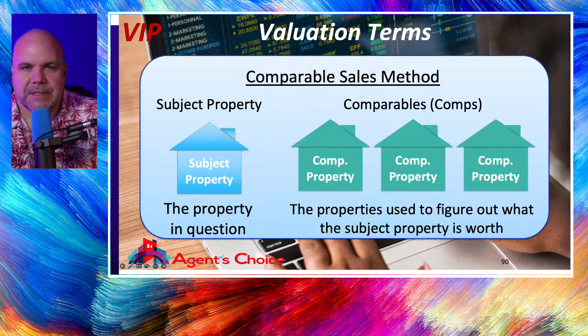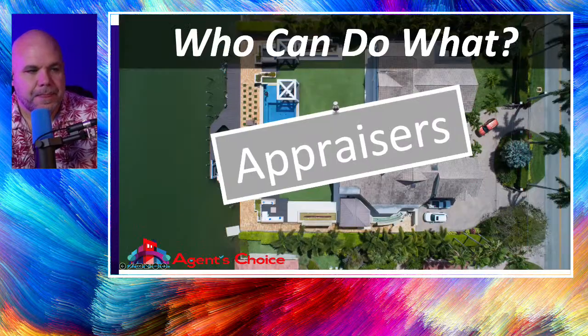And those are the ones that we're adjusting. Those are the ones that we know the for sure sale price of. We don't know the sold price of the subject yet because it hasn't sold yet. So the only thing we can add or subtract adjusted values to for the various differences is the sale prices of these comps.